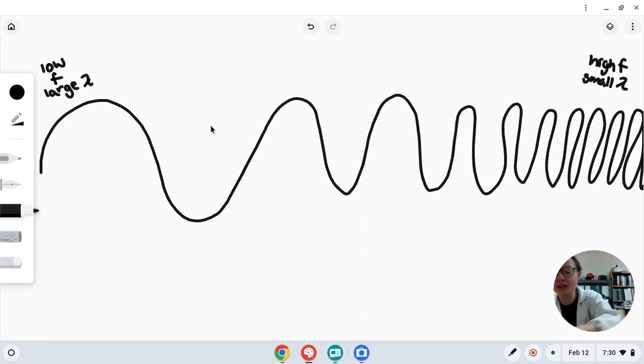Imagine an electron bouncing up and down very slowly, very casually. It doesn't look like it has a lot of energy, a nice low frequency. But an electron going crazy fast is a super high frequency electron, taking a lot of energy to do that. So our lower frequencies have less energy and our higher frequencies have more energy.